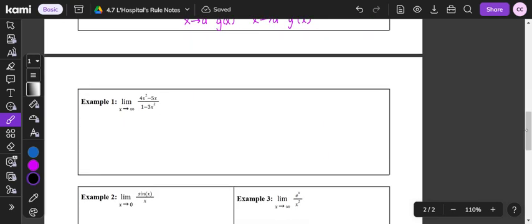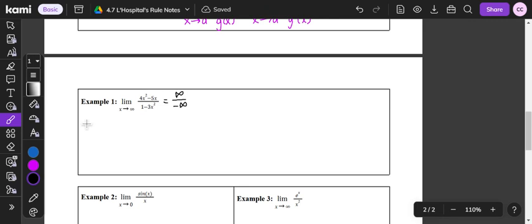Now, when you go to use L'Hopital's rule, the first thing you want to do is check to make sure that you actually do have an indeterminate form by just plugging in the limit value. So we've actually already done this part. We've already plugged in infinity, and we know that this equals infinity over negative infinity. So I already know that that's indeterminate, so I'm just going to go ahead and jump straight into L'Hopital's, but you always want to check that first.